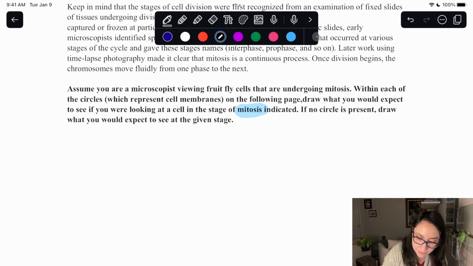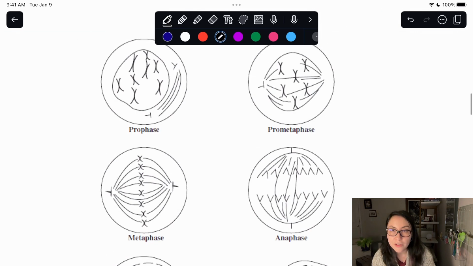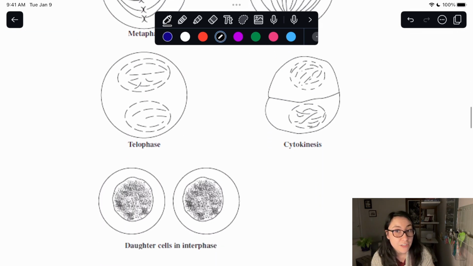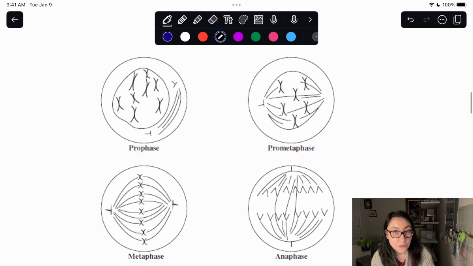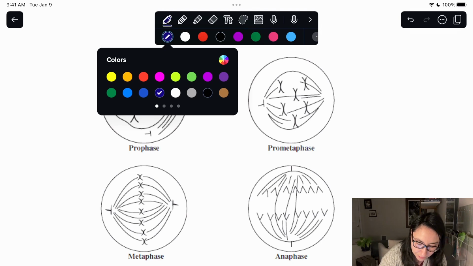Look at the cell stage in mitosis indicated. If no circle is present, draw what you would expect to see at a given stage. Pretty much on this page, everything has been drawn for you. So what I want you to write down is what you see for each of these phases of mitosis. It's just little words to practice what you see in mitosis.